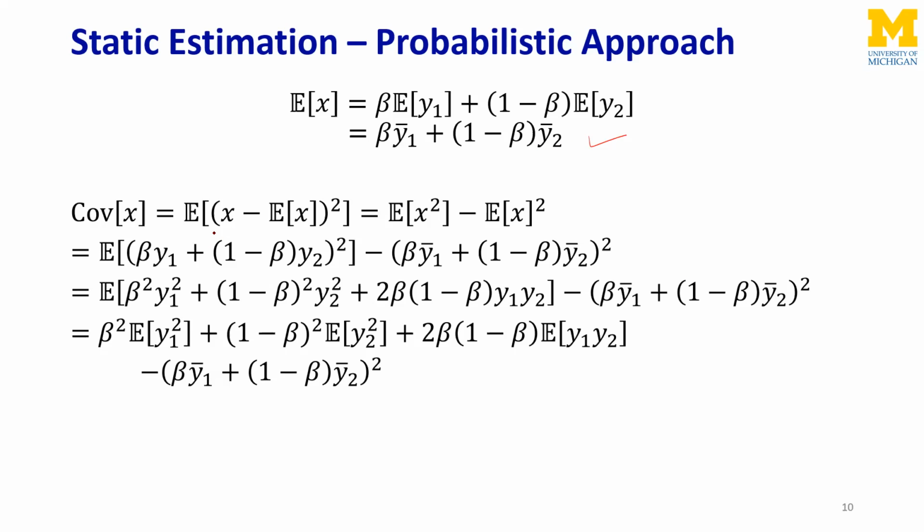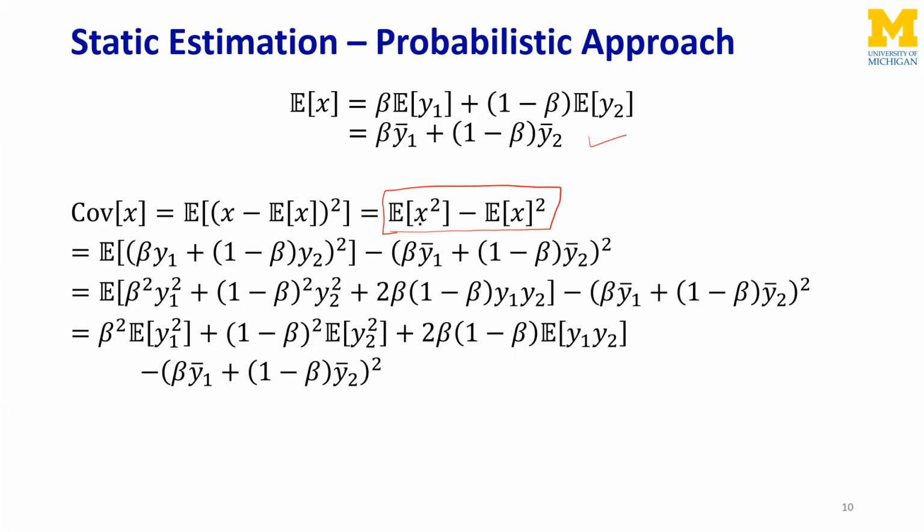The second step is to calculate the covariance of the variable x. And the covariance of the variable x is defined by this equation. The expected value of this expression, and when you expand this out, you can see that the covariance actually satisfies this equation. And now the expected value of x, I know what that is, and then I just take the square for this term.